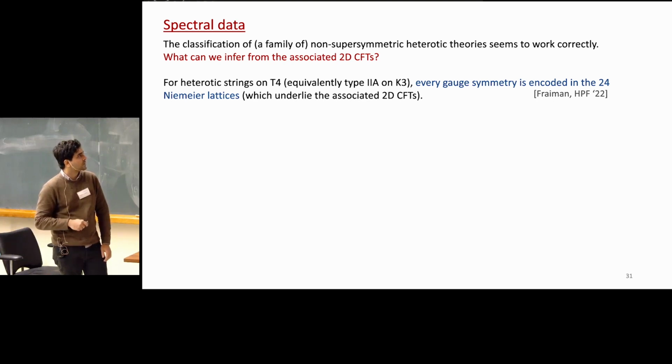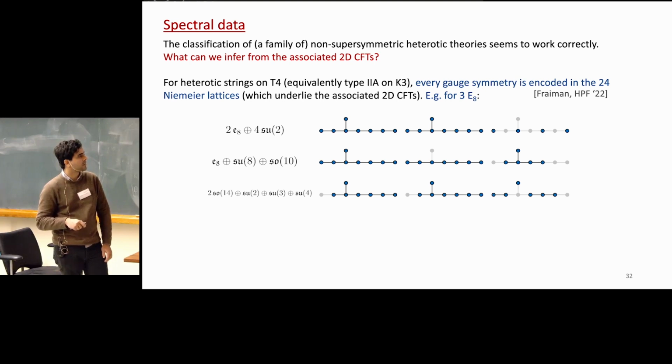I'll give you an example. This is the Niemeier lattice 3E8. You write down the Dynkin diagram. You take out 4 nodes. This is the prescription. You take out 4 nodes however you want. You get some algebra, and this has a 6-dimensional realization. You do this for all the Niemeier lattices, you get everything. And this is valid for every other component of the moduli space.